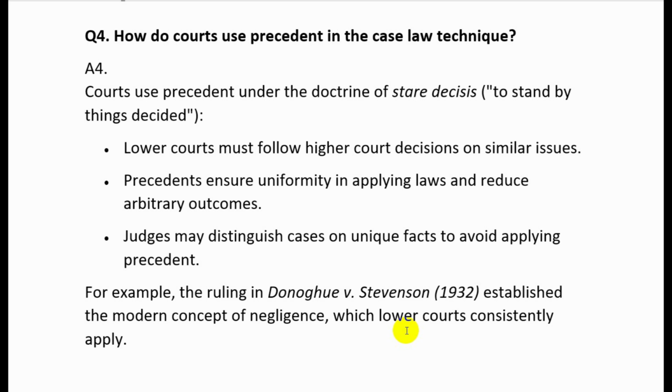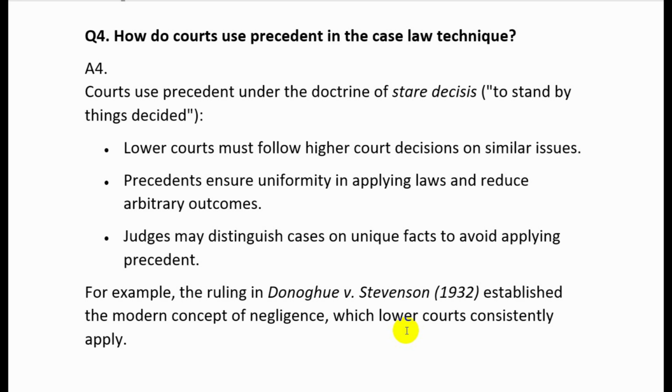Precedents ensure uniformity in applying laws and reduce arbitrary outcomes. Judges may distinguish cases on unique facts to avoid applying precedents. For example, the ruling in Donoghue versus Stevenson in 1932 established the modern concept of negligence which lower courts consistently apply.